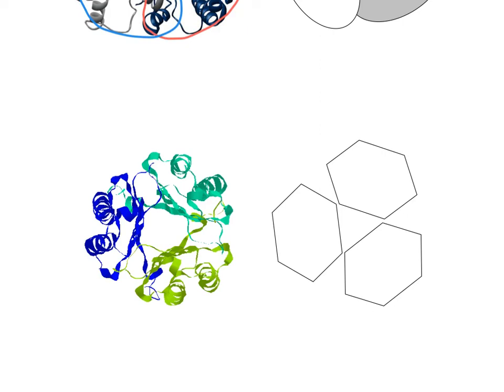Okay, I hope you had a chance to try that out. It's not that hard, despite the fact that I made them different colors over here. I just did that so you could see there are three different ones. I'm trying to indicate by the same white structure over here that they are all the same. We would refer to this as a homotrimer.